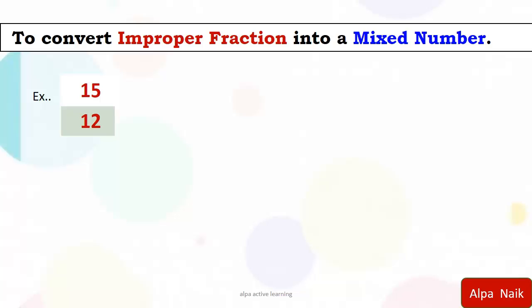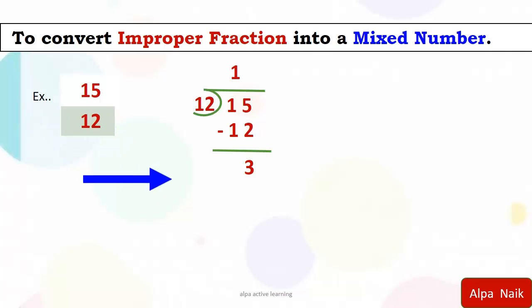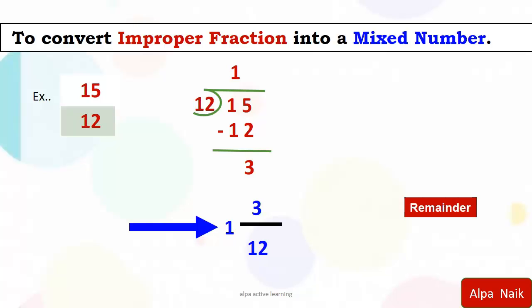Example 15/12. So we divide 15 by 12. Okay. So now we know 15 is dividend, 12 is divisor, 12 ones are 12, remaining is 3. And now to write this, we write first 12 in the denominator, 1 as a whole number and the remainder 3.